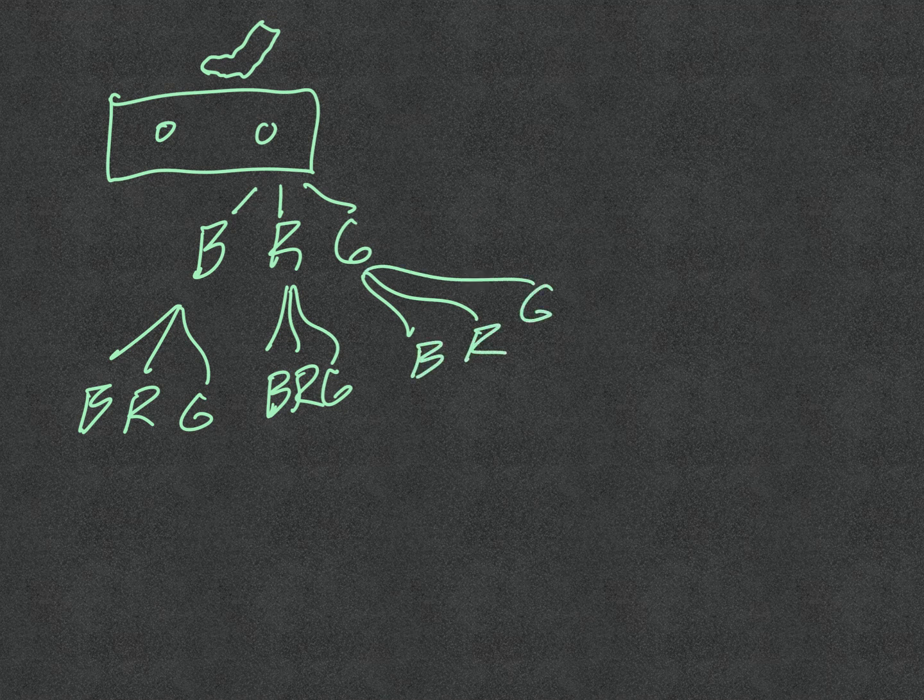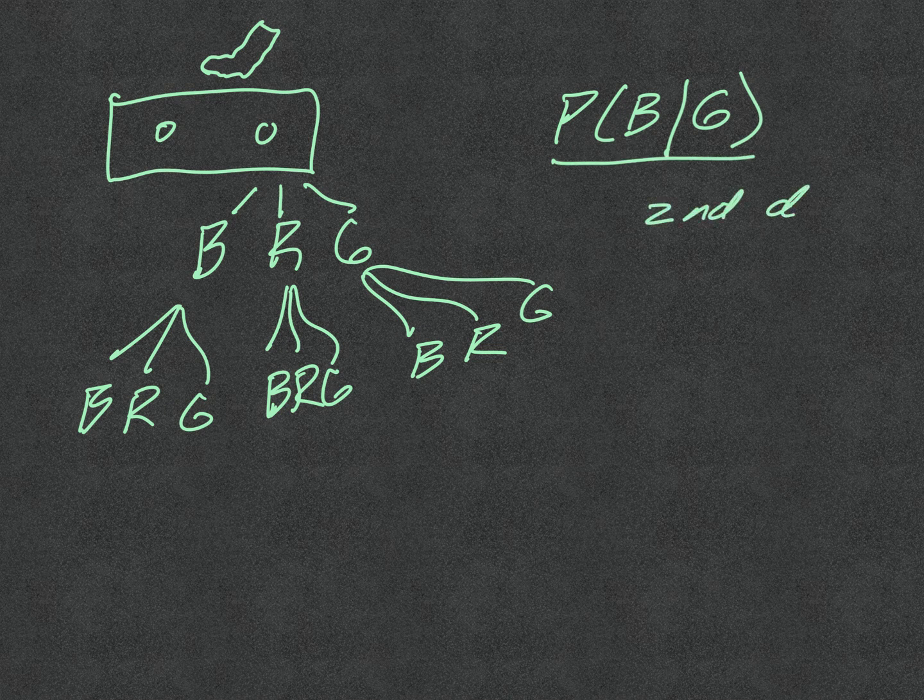Okay. And so what would be the probability of getting a blue sock given that you got a green sock on the first draw? So what branch would I pay attention to? So this refers to the second draw based on what happens in the first draw. So it's second draw versus what happened in the first draw of the socks from the drawer.